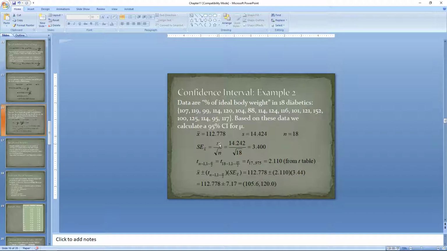Our standard error is the standard deviation over the square root of n, which will give us 3.4. In this one, we're going to look in the back, and since we want a 95% confidence interval, remember it's a two-tailed test, so we do n minus 1 for degrees of freedom, so 18 minus 1 is 17.